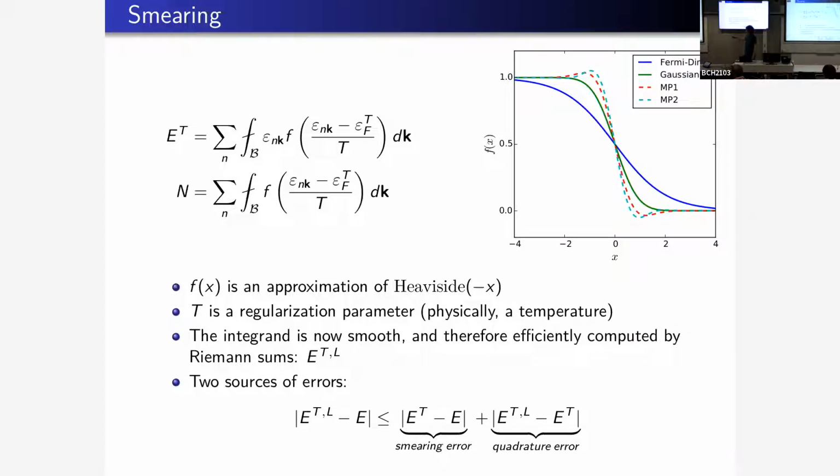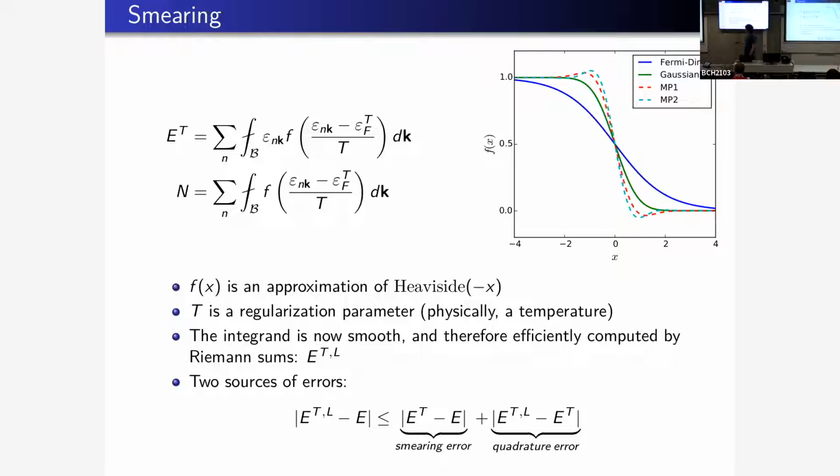And now the nice thing about this is that this integrand is a smooth function of k. So you don't have singularities in the space, you have a very nice integrand all over the Brillouin zone. And so you can apply the convergence methods, and you see that you can compute this as you would an integral, just by regular quadrature.